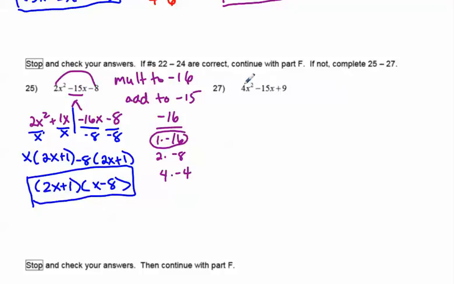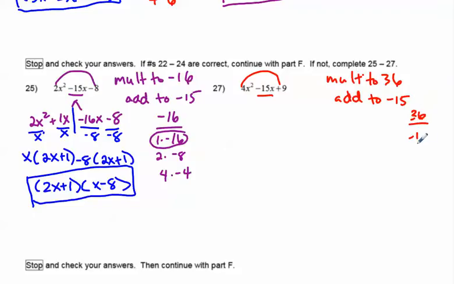Okay, last one here. You need two numbers that multiply to 3 times 9. So they have to multiply to 36, and they have to add to negative 15. So I'm thinking it's going to be a negative times a negative to give me 36.